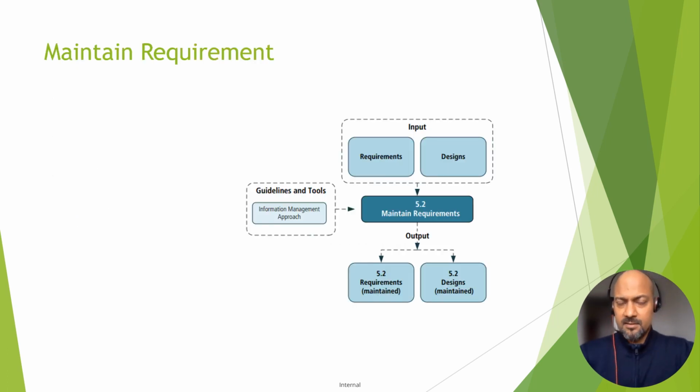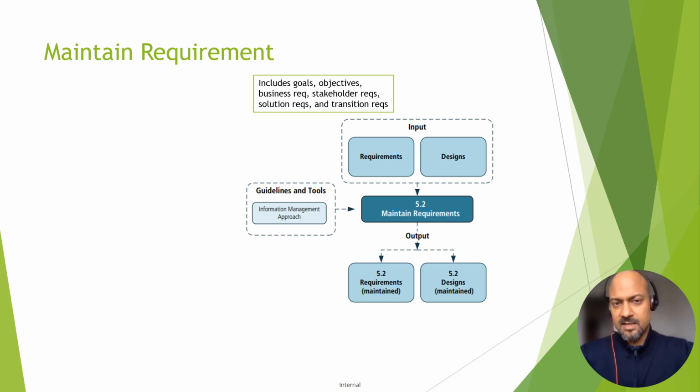So what are the inputs? For maintain requirements, most of the activities in requirement lifecycle management have only two inputs: requirements and design. Requirements and design both include goals, objectives, business requirements, stakeholder requirements, solution requirements, and transition requirements.